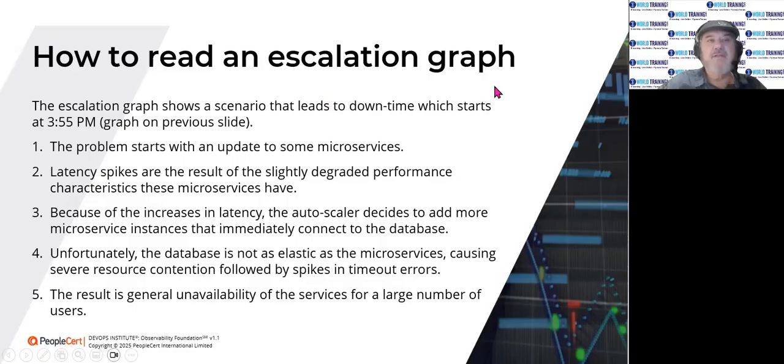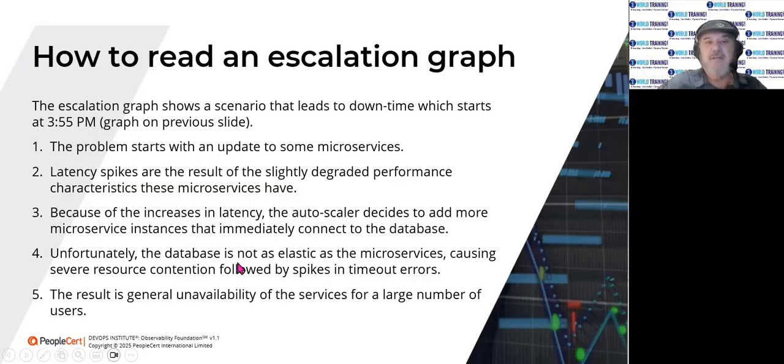How can you read an escalation graph? It shows a scenario that leads to downtime, starting at 3:55 p.m. on the previous slide. The problem starts with an update to some microservice. Latency spikes are the result of slightly degraded performance characteristics that the microservices have. Because of these increases in latency, the autoscaler decides to add more microservice instances that immediately connect to the database.